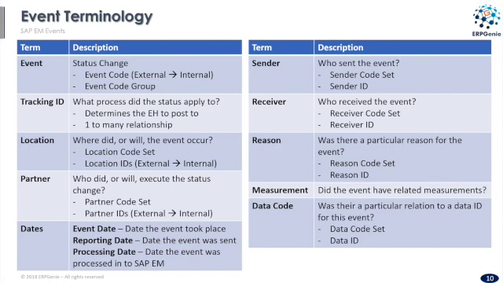From a tracking ID, when we look at that from a perspective of an event, it's what process does this status apply to. So a tracking ID would be delivery, right? So a delivery is goods issued, a delivery is picked, a delivery is packed, a delivery is delivered.